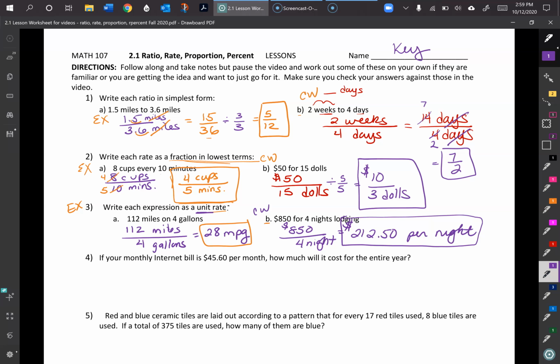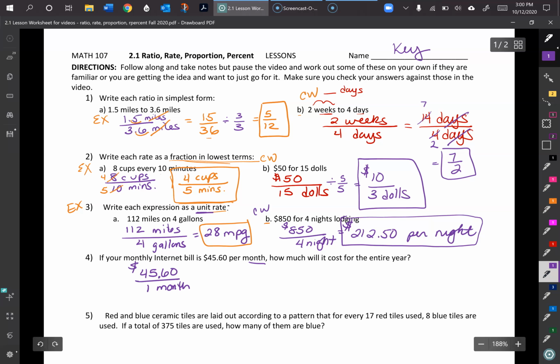For number 4, if your monthly internet bill is $45.60 per month, how much will it cost for the entire year? So this one is just kind of figuring out a per month versus a per year, and we could set up what's called a proportion. We could just write this out as it's going to cost me $45.60 per 1 month.